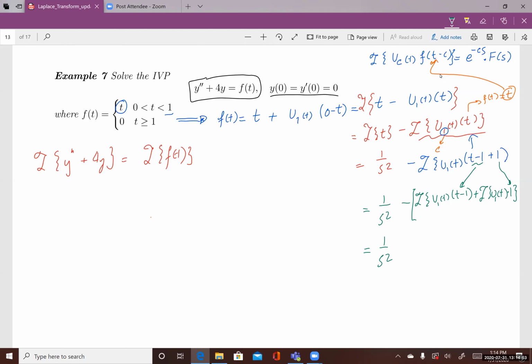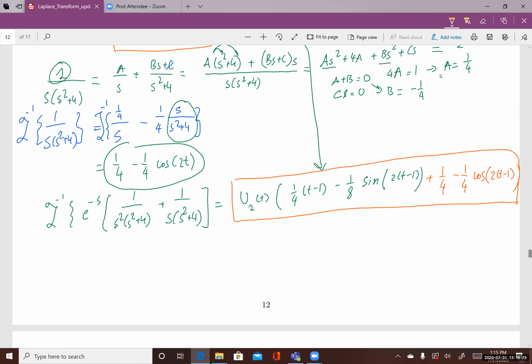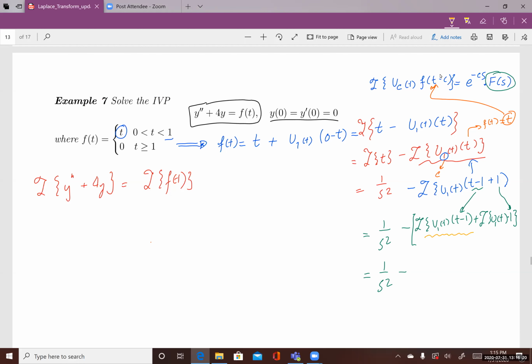Using this formula right here, the Laplace transform of f(t) should be 1 over s squared, and c is 1, so the Laplace transform of this step function here is e to the negative s multiplied by 1 over s squared.